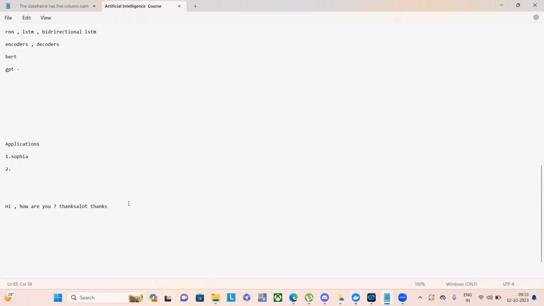Next, suppose you are watching some movies on Netflix or some other OTT platform.